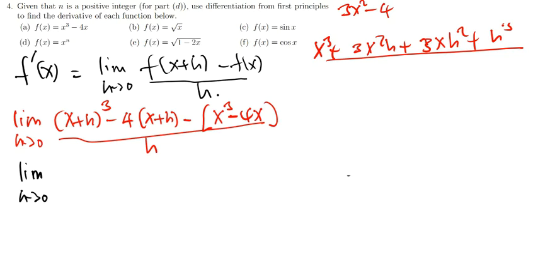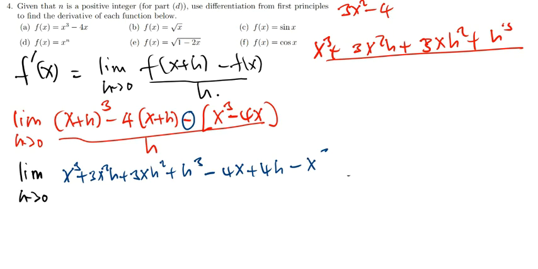Okay, so I'll replace that one with x to the power 3 plus 3x squared h plus 3xh squared plus h to the power 3. Then I have minus. Now I can distribute. That is going to be 4x plus 4h minus, I distribute the negative here, it's going to be minus x to the power 3, then plus 4x. Then I divide everything by h.